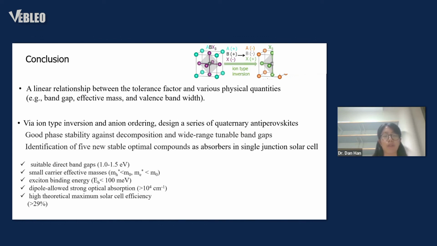They show good phase stability against decomposition and widely tunable band gaps. And we identified 5 new stable optimal compounds as absorbers in single junction solar cells. Also, we introduced our work about how to avoid the instabilities of lead perovskite solar cells.